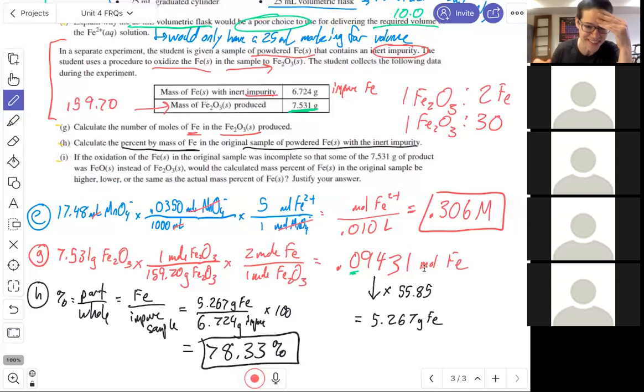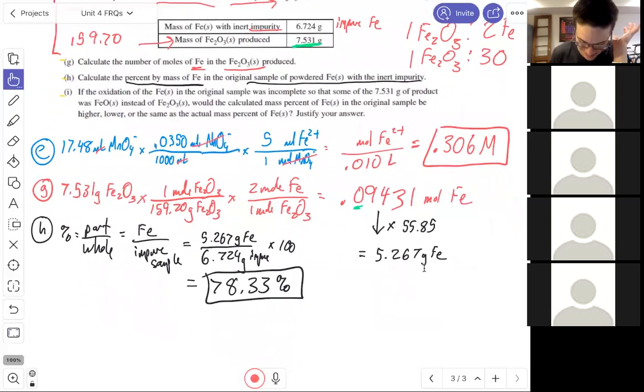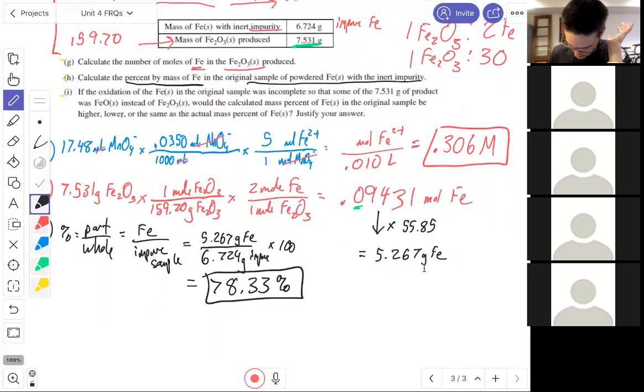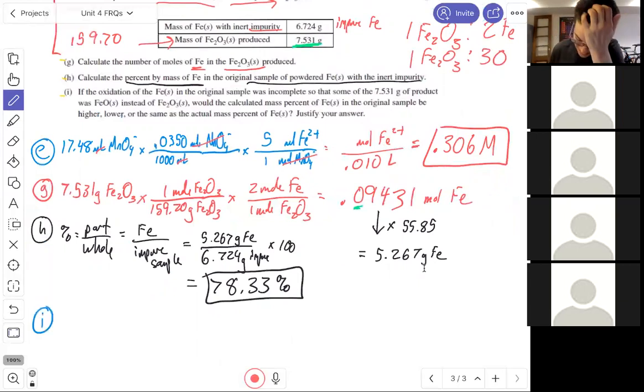So what you have to think is you actually have to step through this logically. And it's annoying, but that's how these work. So let's think through logically what they're telling me. So if I have some FeO instead of Fe2O3, it wants to know the mass percent of this. Would it be higher, lower, or the same?